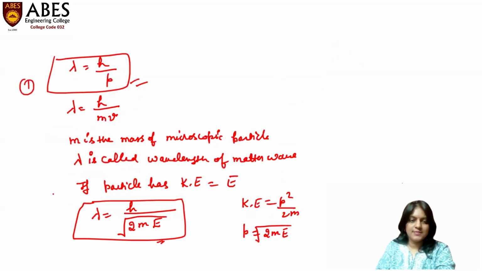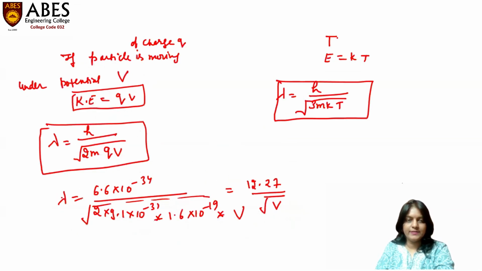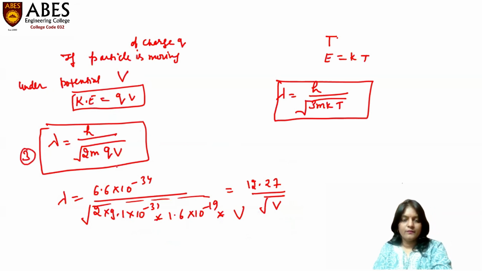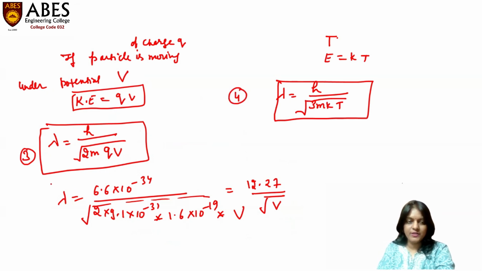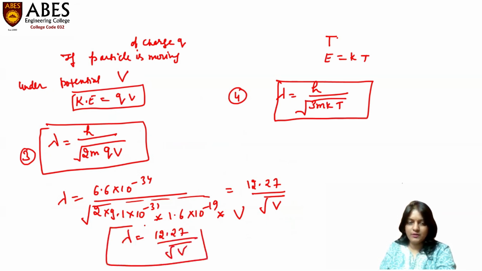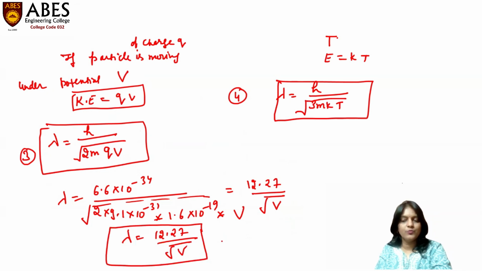First is this, second is in terms of kinetic energy, third is in terms of potential, and the fourth is in terms of temperature. And this one is a special case of the third one, and this is for electron, 12.27 upon root V. V is the potential under which the electron is moving.